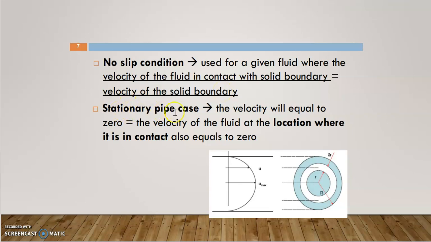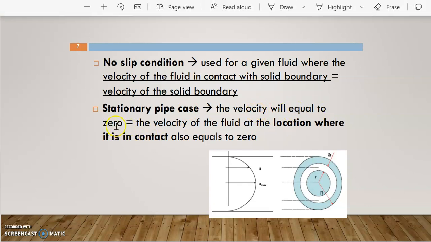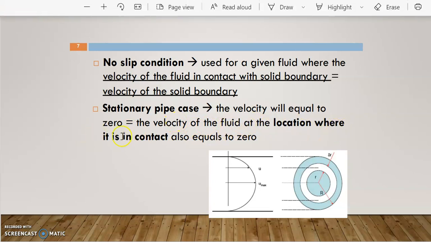So the stationary pipe case is when the velocity equals 0, meaning the flow is not moving. The water in the pipe is not moving, so the velocity is equal to 0, and the velocity of the fluid at the location where it is in contact is also equal to 0.